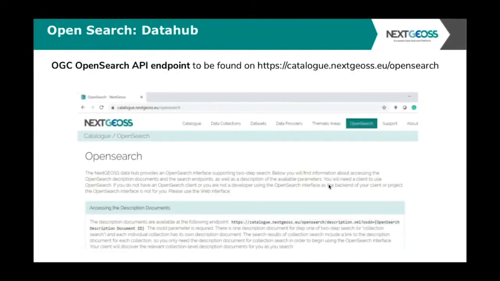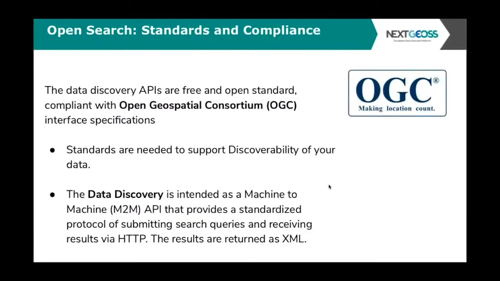As I said, we need the standards in order to provide better data discovery for the users, and we want to provide a better way for them to find the data. We're taking all of this into consideration while we're building the Datahub itself and the OpenSearch API as well.